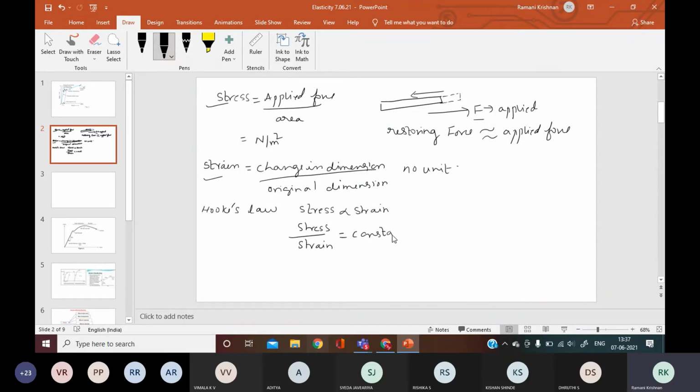This constant is called the elastic constant, or the modulus of elasticity. In this chapter there are 3 moduli we are going to see: Young's modulus, bulk modulus and rigidity modulus.